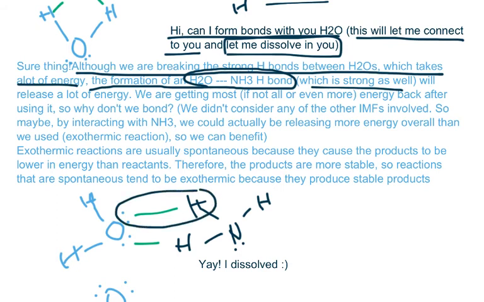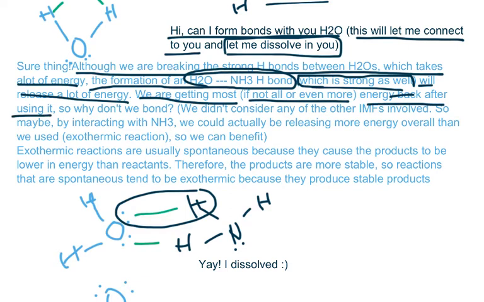So the formation of this bond, and remember, this bond is pretty strong as well since it's a hydrogen bond, and since it is strong, it will release a lot of energy upon formation. Now, H2O says that we are getting most, if not all, or even more, energy back after using it to break the H bonds between the H2Os, so why don't we bond?